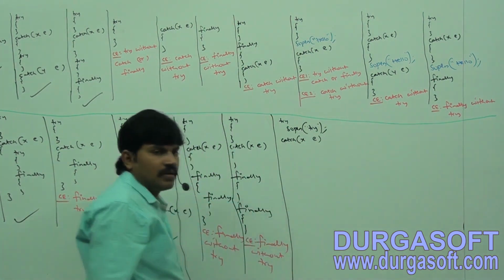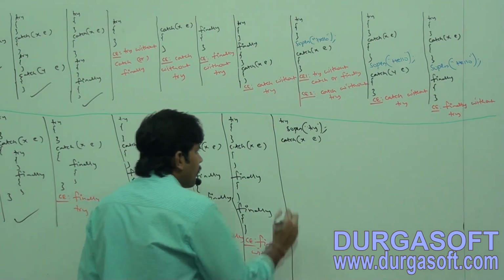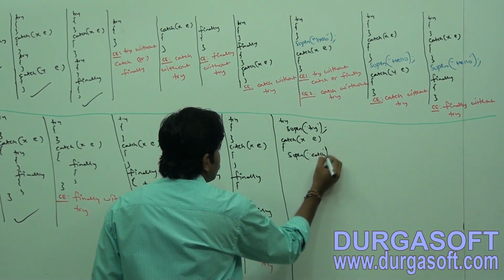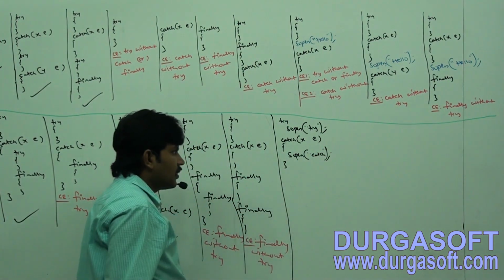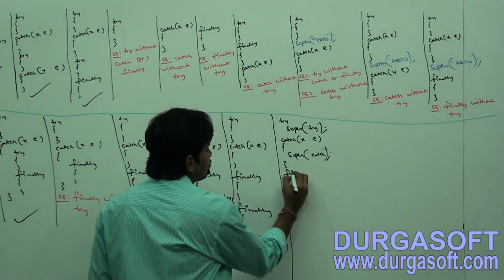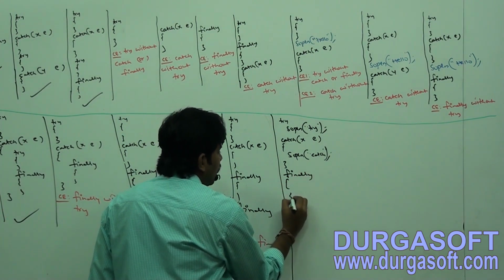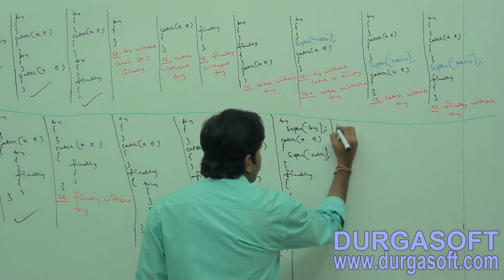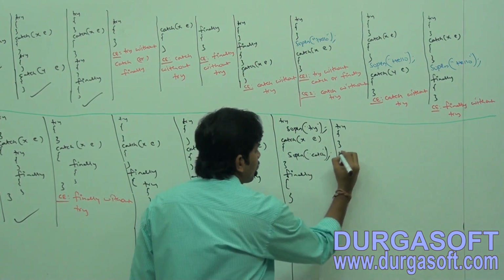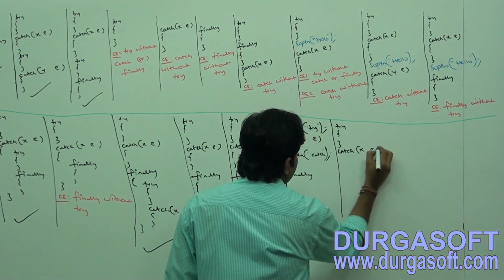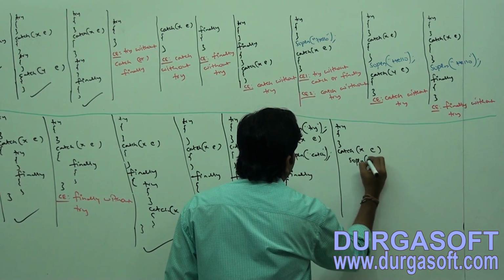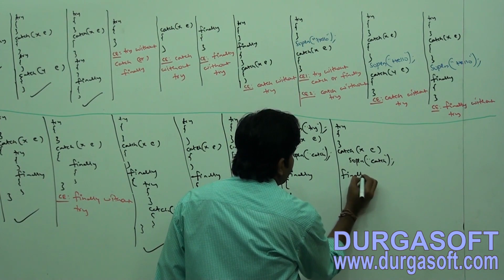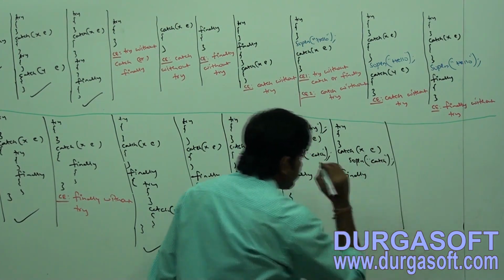Then finally I am taking. This is one thing. Next, try I am taking, catch I am taking, exception, system.out.println catch block, and then finally like this I am taking.